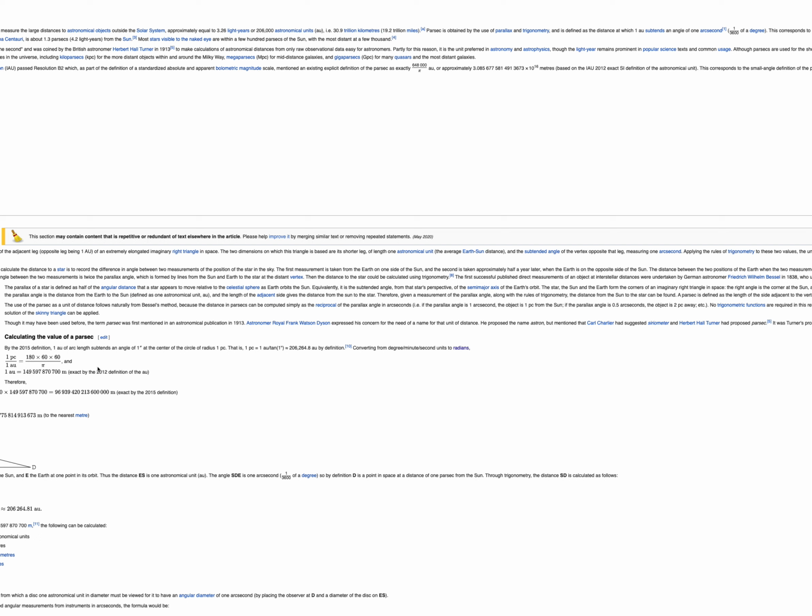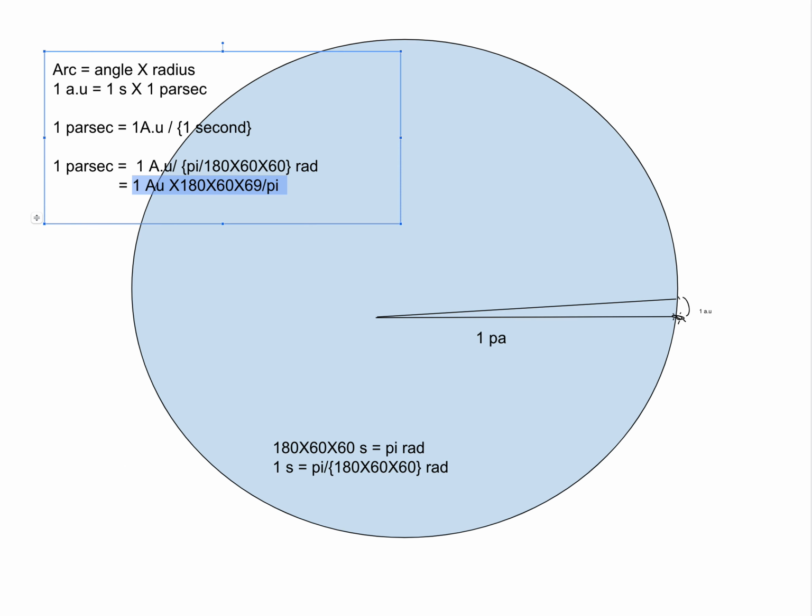this many meters, 149. Oh my god, this is too much. Meter 149,597,870,700.